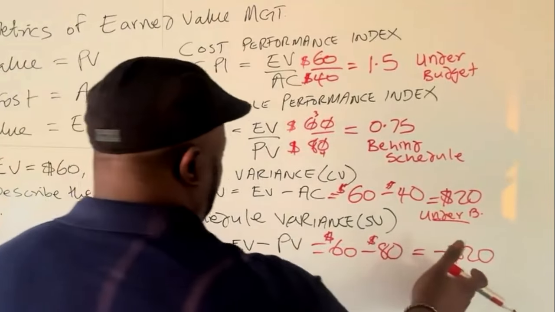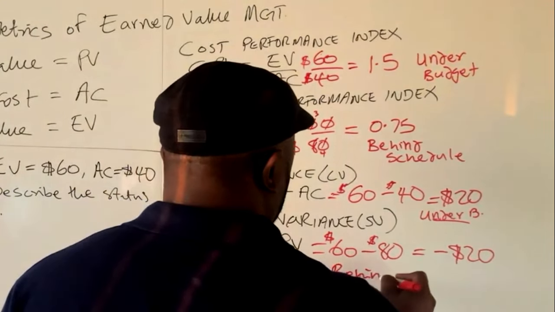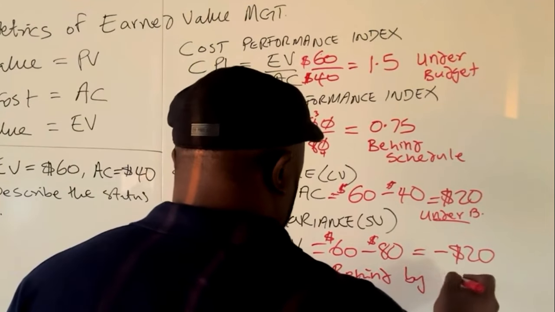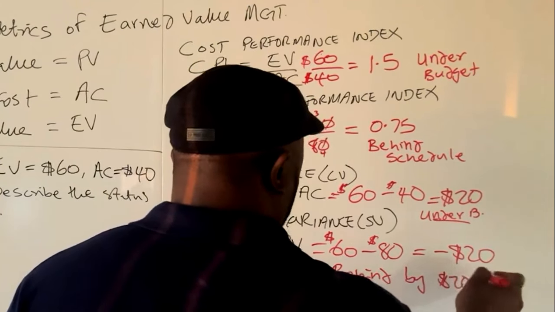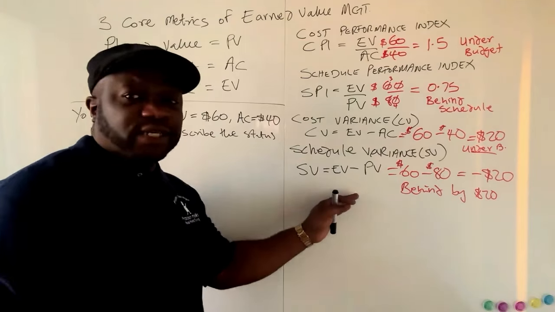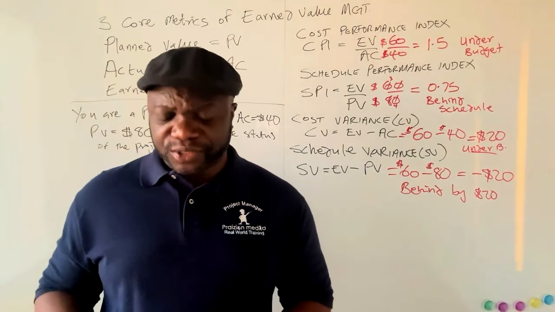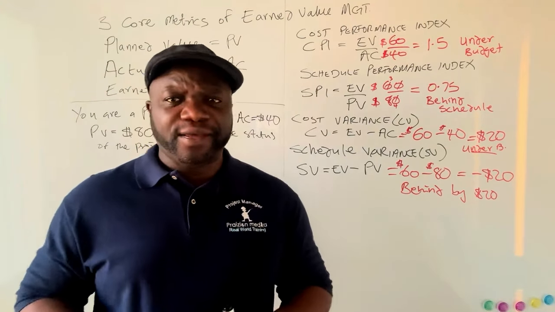Taking a look at this one, this shows we are behind schedule by $20. There's $20 worth of work that needs to be done. And when you take a look at earned value, that is pretty much the high level story about earned value.